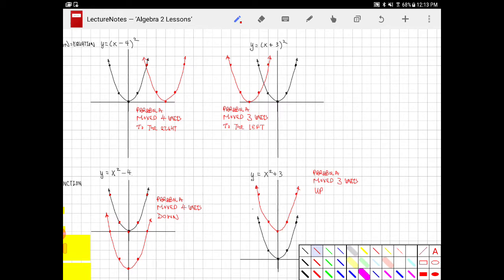You are going to move the parent function either up, down, left, or right. So if you're subtracting a number within the parentheses, you're moving to the right. If you're adding a number within the parentheses, you're moving to the left. If you're adding a number to the overall parent function, you're moving it up. If you're subtracting, you're moving it down.